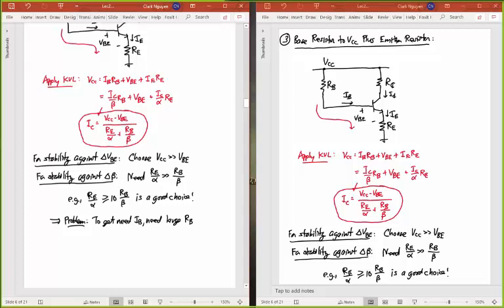And so the solution to this that we often use is we reduce RB, or reduce the needed RB. I'm trying to erase, there it is. By reducing the voltage applied across it.